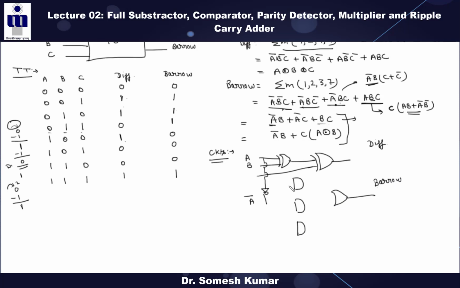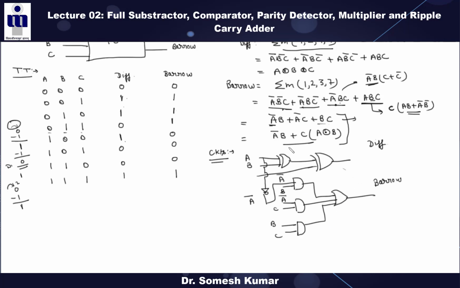How? Here you can take the A bar and the B, here you can take the A bar and the C, and here you can take the B and the C, right? So this is your circuit for the full subtractor.